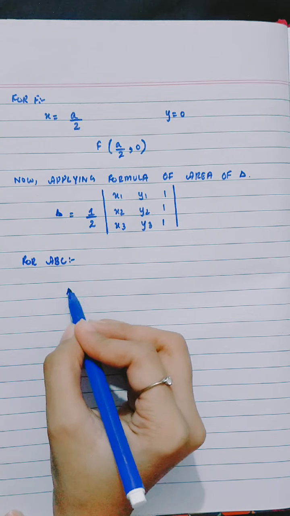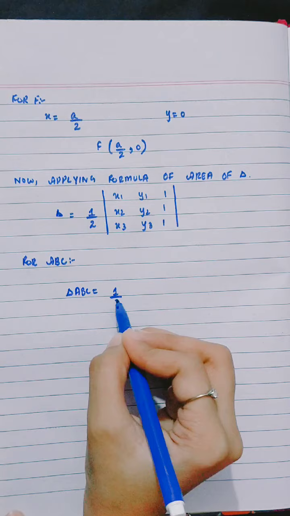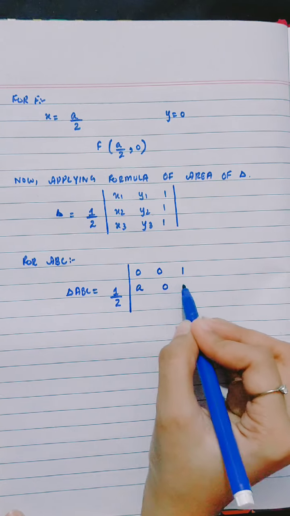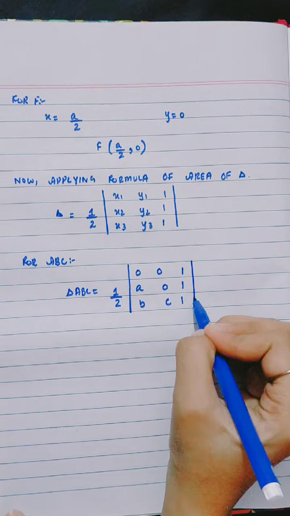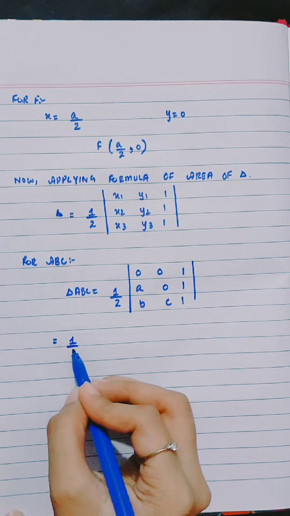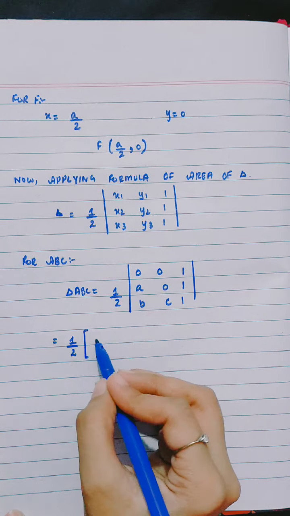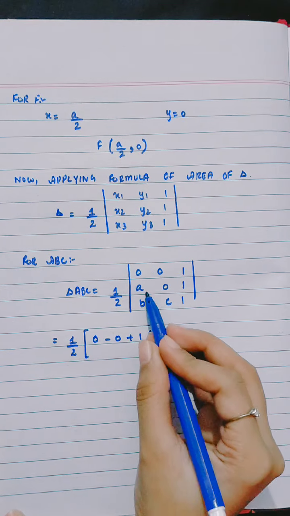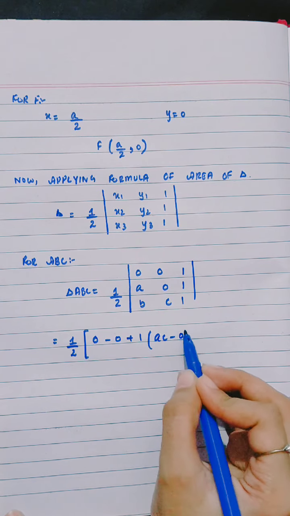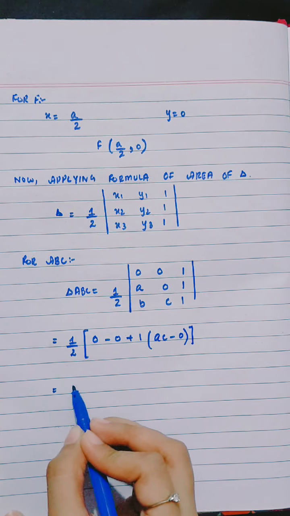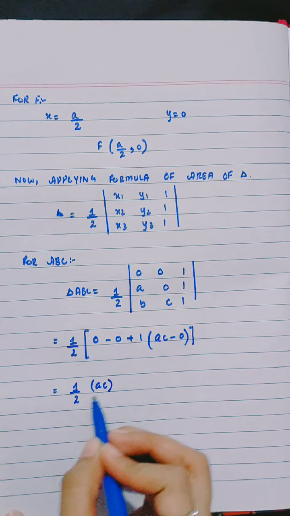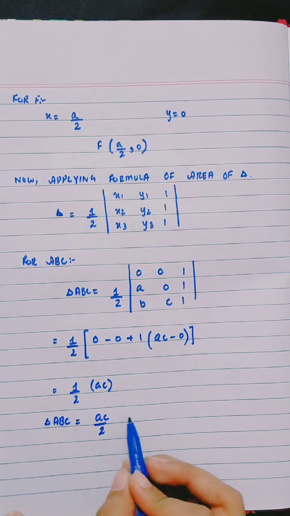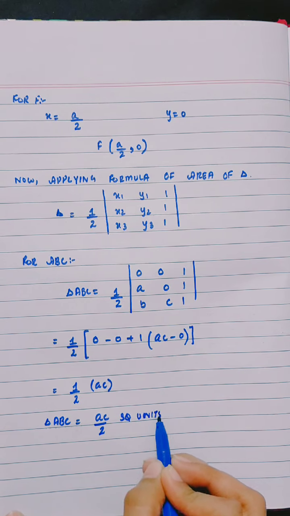For ABC, the rows are 0 0 1, a 0 1, b c 1. We will solve it. This term is 0, so we do not need to write further. Half of ac, so the area of triangle ABC is equal to ac divided by 2 square units.